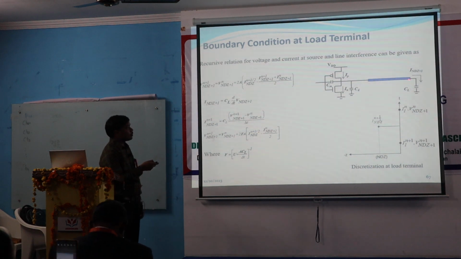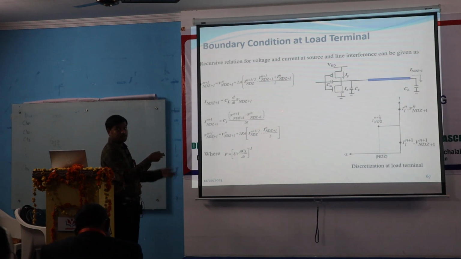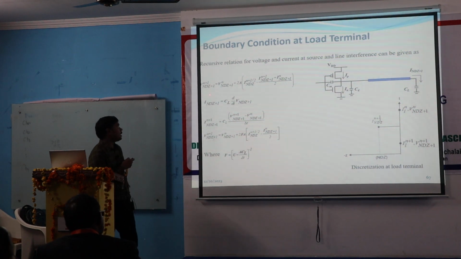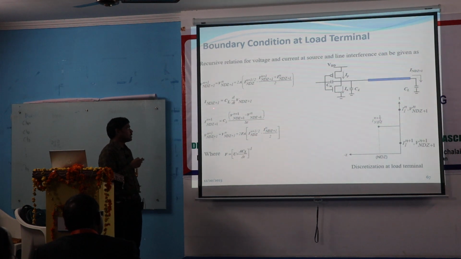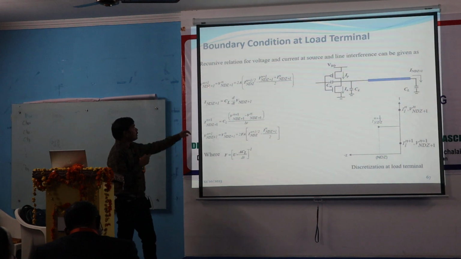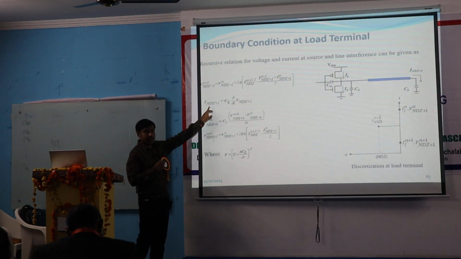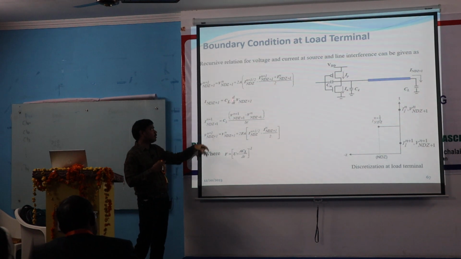And next we are talking about the far end. Far end means towards the load. So how to calculate I ndz plus 1? You simply substitute k equal to ndz plus 1, and you will get this equation. Because it is a capacitor, you can simply write C into dV by dt. I is equal to C into dV by dt, just the capacitance current equation.